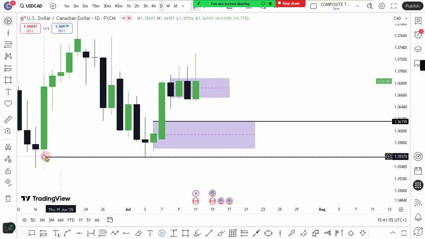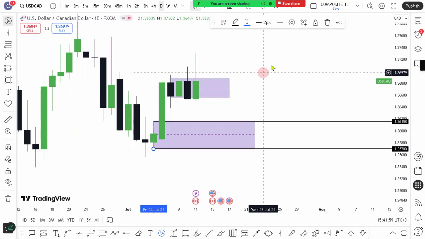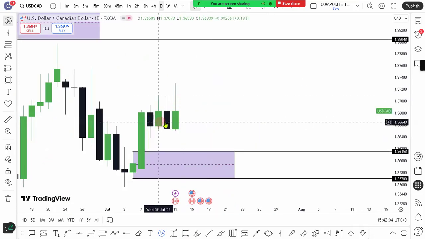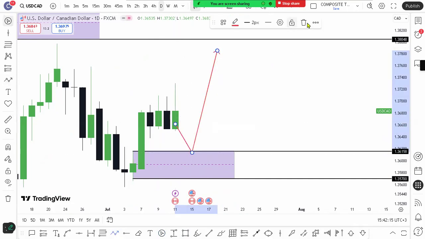If come Monday, right, price returns here, you can re-enter here because here the market's moving sideways on daily, which means that the market's not going up or not going down. And here anything can happen. It can open and go higher, or open, go lower, mitigate this demand and push to the upside.